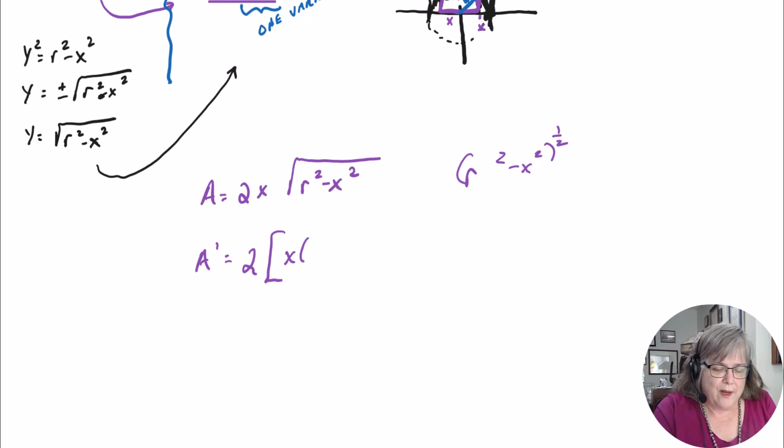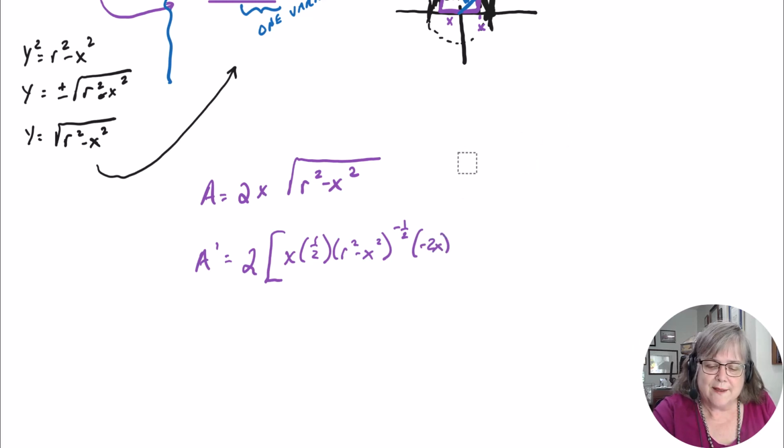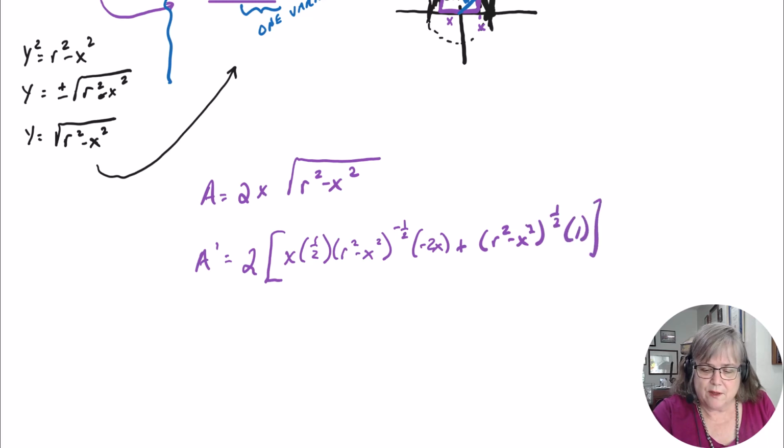So you'd bring the 1/2 down, leave the inside alone, take 1 off the power, loop back in and take the derivative of the inside. Now remember, when you're inside, the r squared is just a number. You just don't know what it is. Okay, so the derivative of a number squared is still 0. Plus, and then it'd be the second times the derivative of the first. So far, so good?